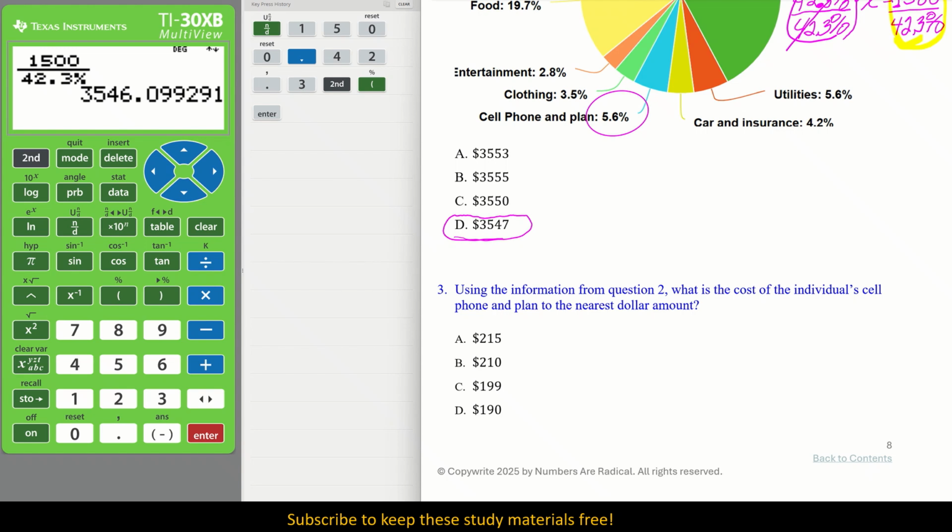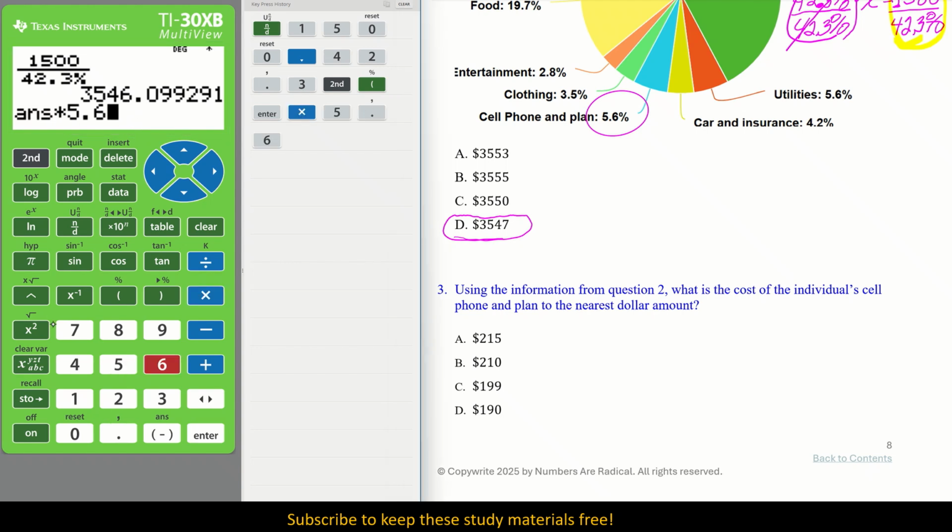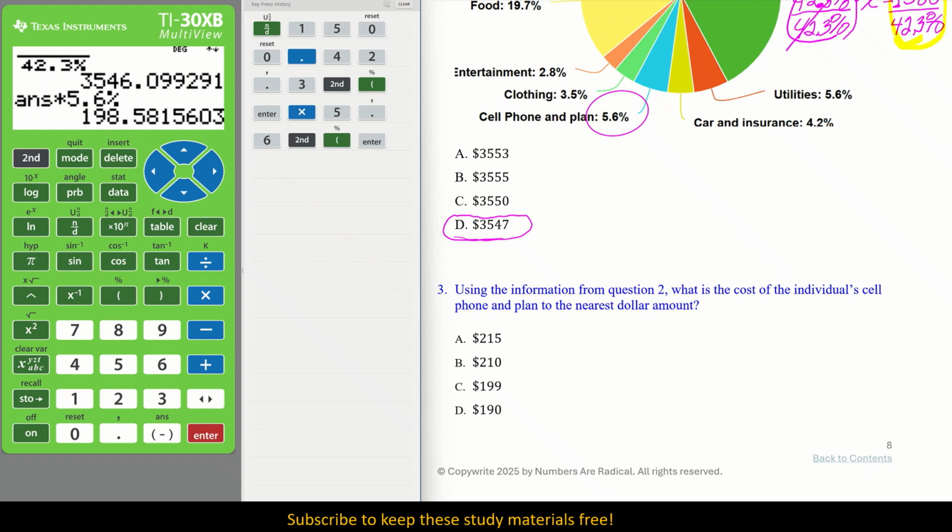Well, let's kind of see what it's going to be, what kind of error we get. So we have the amount in our calculator, and all we have to do is say times 5.6 percent and push enter. Okay. Well, with rounding, it says to the nearest dollar, round it correctly, and you should see C is obviously the value that we need. All right, let's go to number 4.